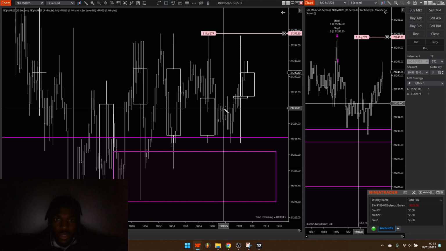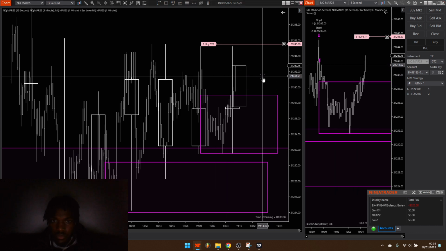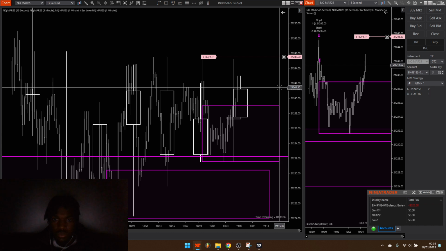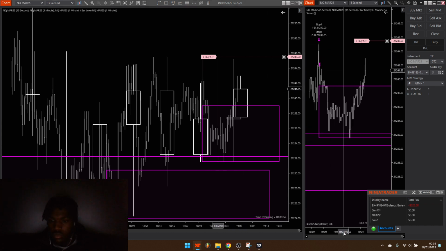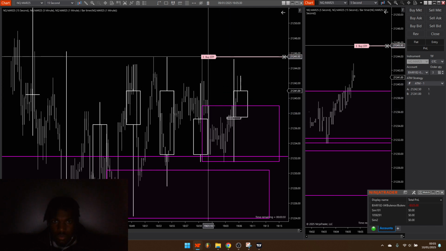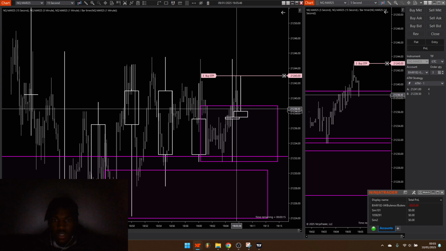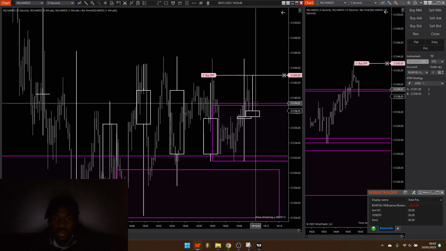I see a pullback in here, then we could get an earlier shift like that. See a down candle, so I just need to see him move up above here.